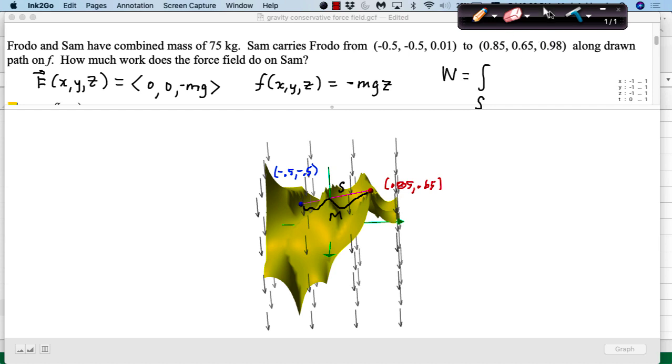Let's do L for line. Capital S will stand for surface down the road here, so let's use L. So rather than using path M, we can use path L, and we're going to do F dot dr. That means we have to parameterize L, right?